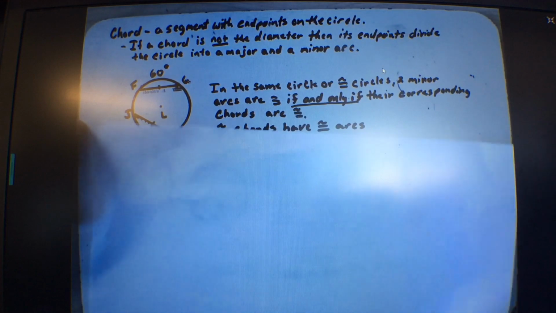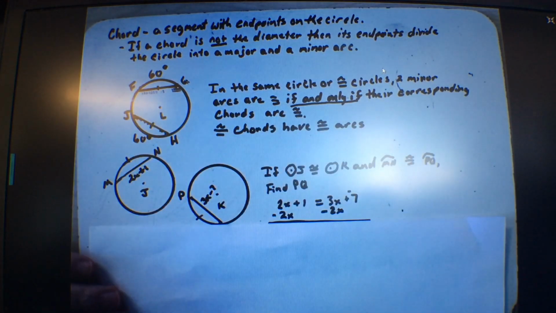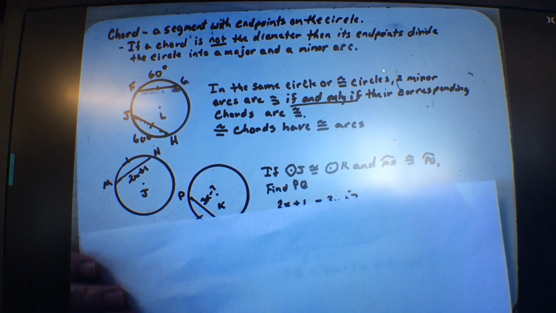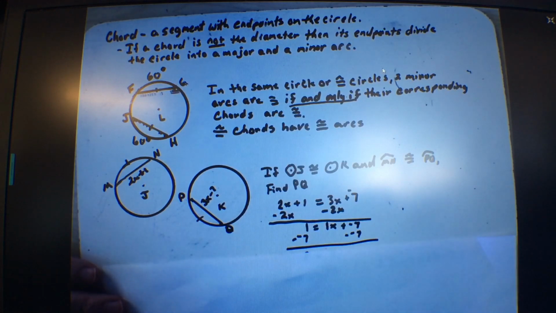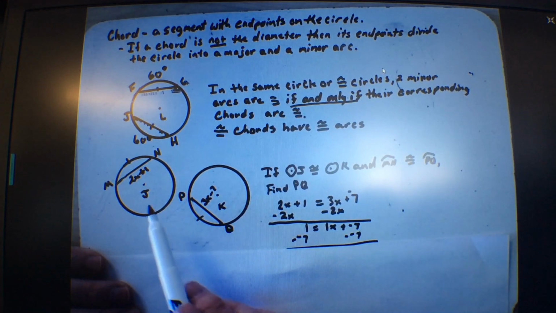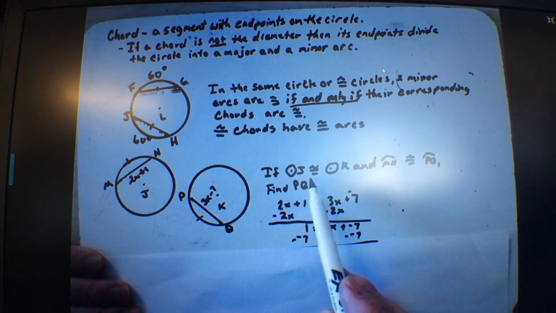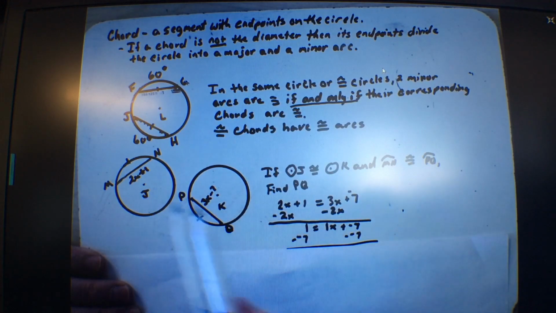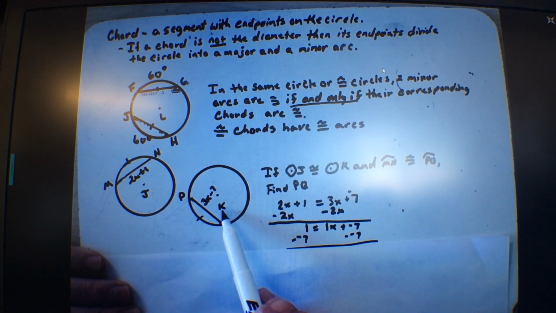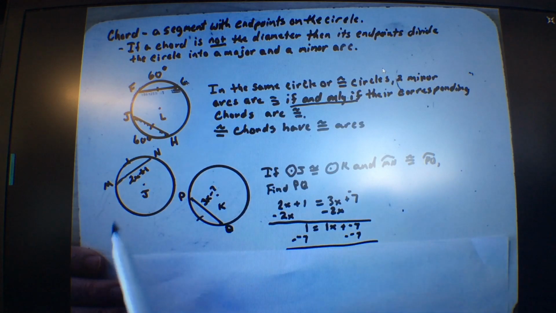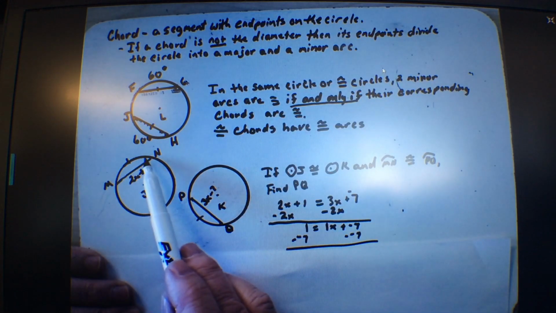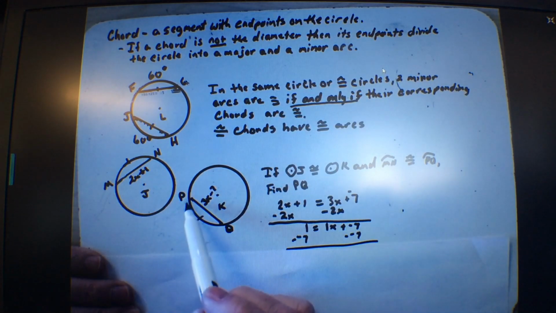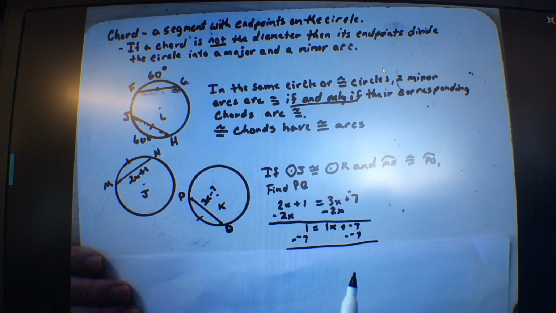Now this is kind of handy. If I have 2 circles and I say that they are congruent, circle J is congruent to circle K, and I know that arc MN is congruent to arc PQ, and you can stop me for a minute and draw these out.